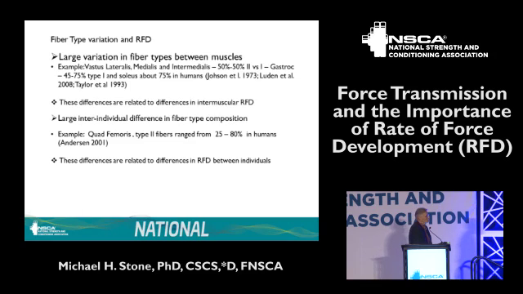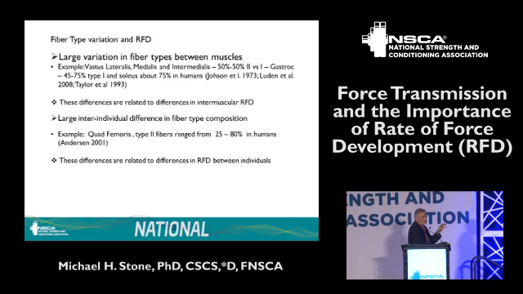So, in terms of the fiber type and also the whole muscle as well, all you have to do is look around in this audience and see there are differences in total muscle. And people have differences in the amount and size of type 1 and type 2 fibers. For example, we can see that the vastus lateralis, medialis, and intermedius have different amounts of type 1 and type 2 fibers. And that can relate to intermuscular differences.